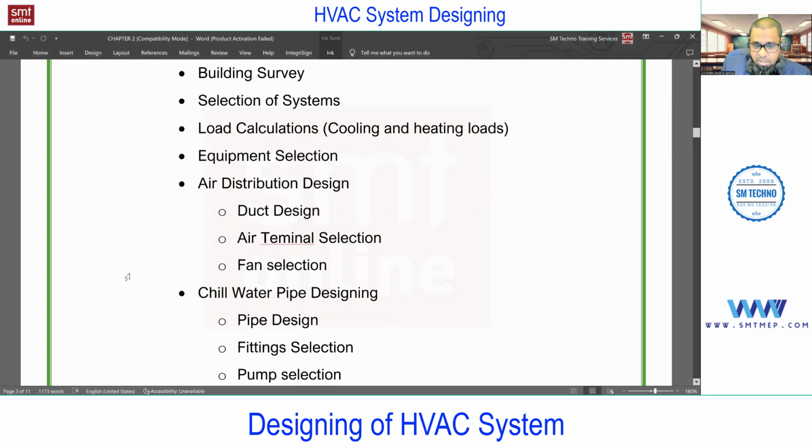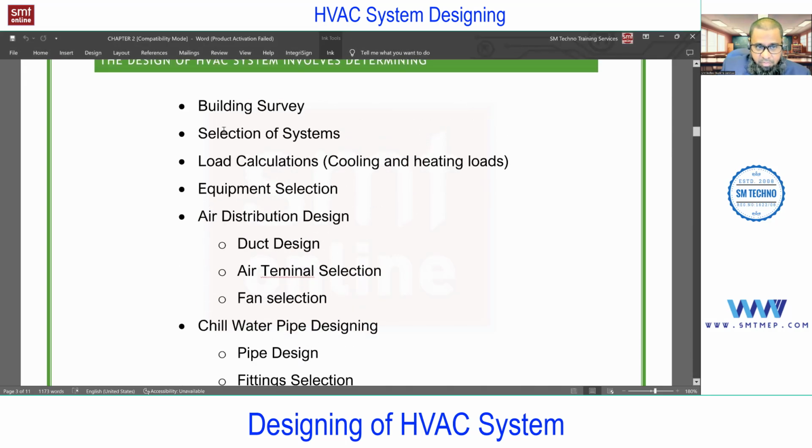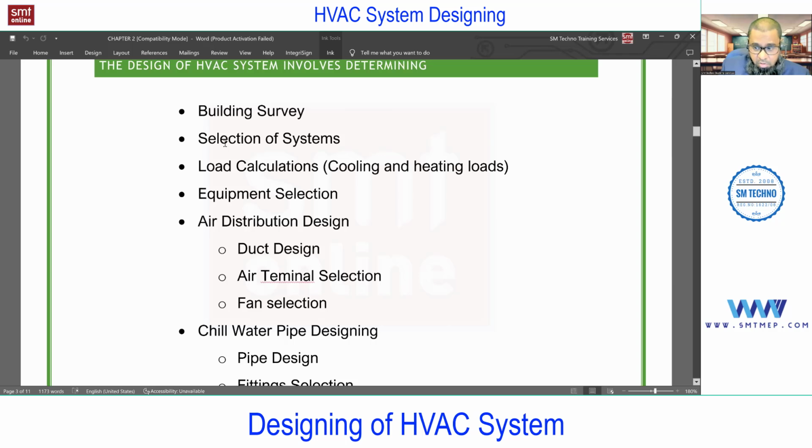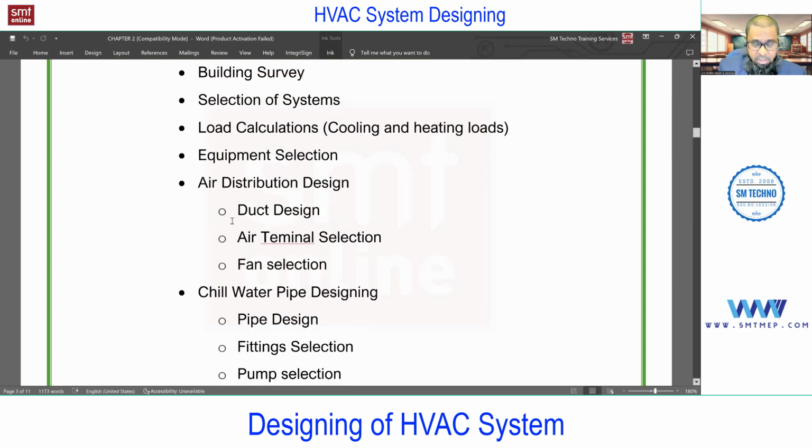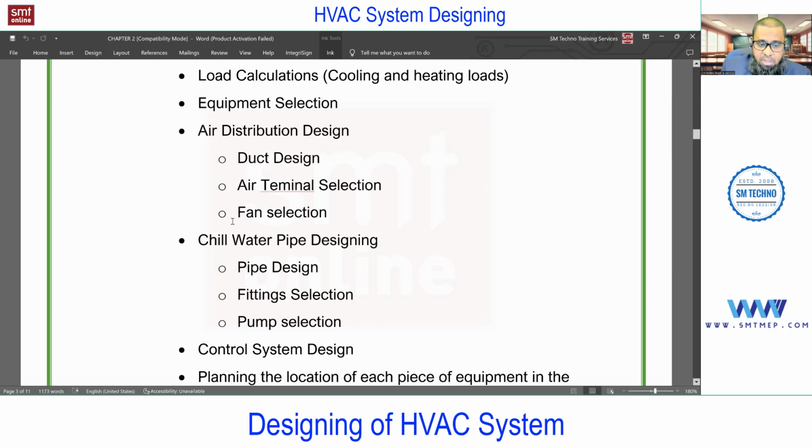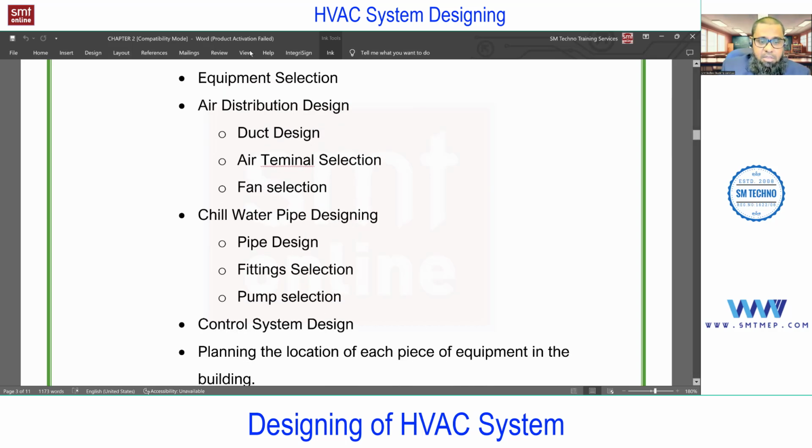Next, if it is a chill water system, for example, after the building survey, if you decide on the chill water system, it can be air cooled system or it can be water cooled system. For that, you'll be required this chill water pipe designing. So if you talk about this, designing is divided into three major classifications. One is load calculation, second is air system design, and third is water system design.